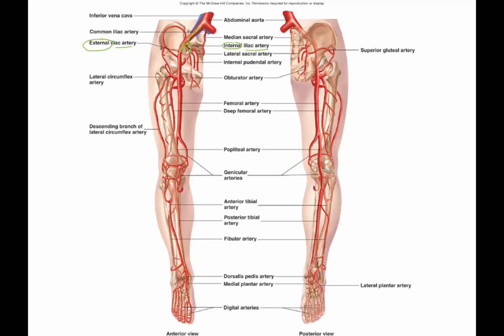Okay, as we continue down the leg, eventually it turns into the femoral artery because it follows the femur. Okay, and then when you keep going to the knee, you eventually get into the popliteal artery. Now the back of your knee, that's called the popliteal fossa.